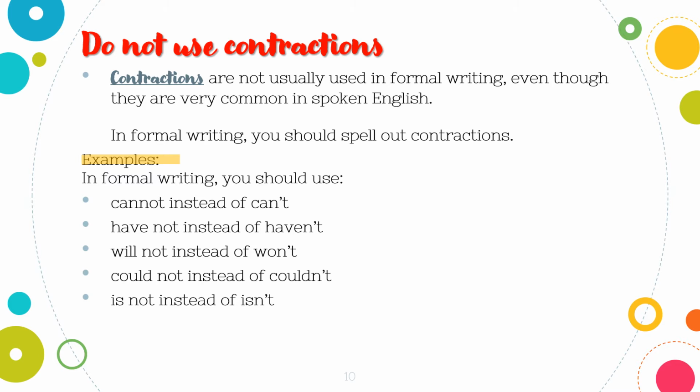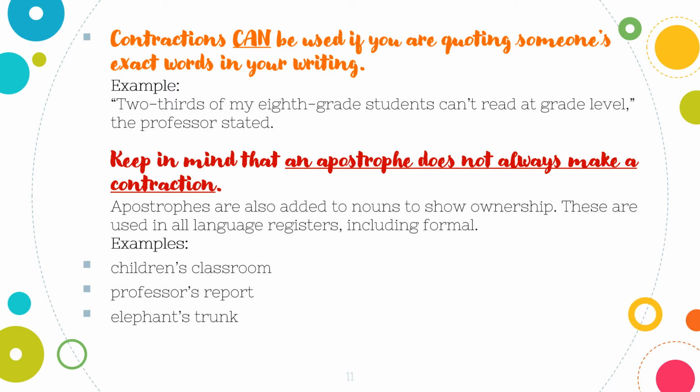So, contractions can be used if you are quoting someone's exact words in your writing. For example, "Two-thirds of my 8th grade students can't read at grade level," the professor stated.